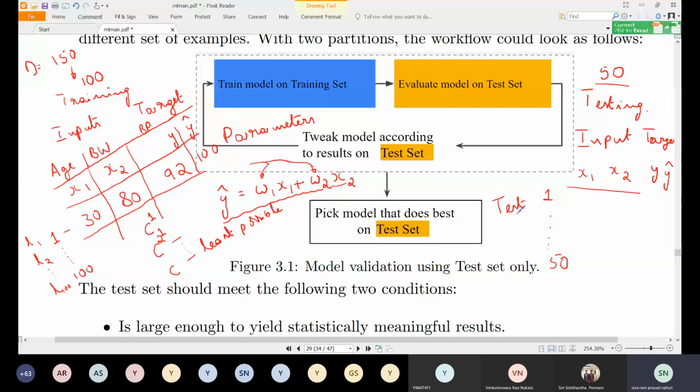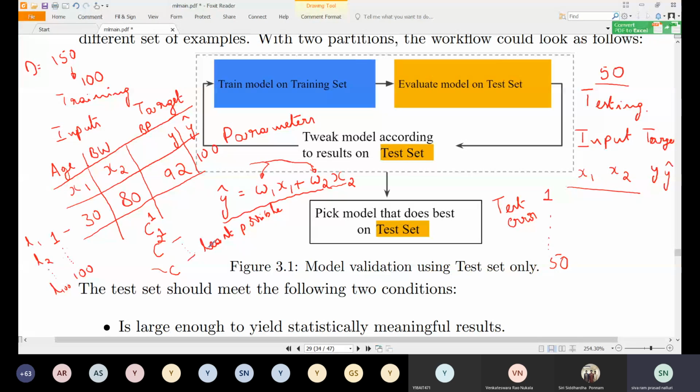The error that you calculate by using examples from the test set on the model that is trained on the training set is known as test error. And the error that you calculate on the training set is known as training error or train error.